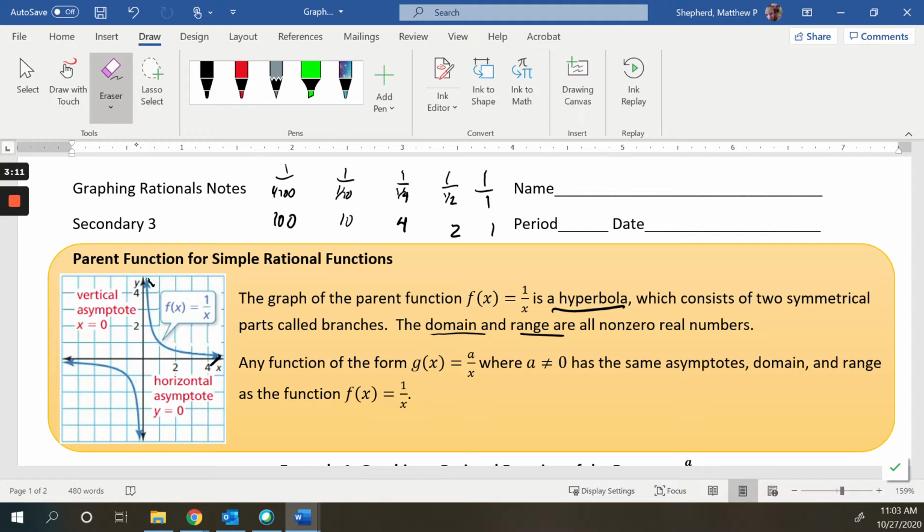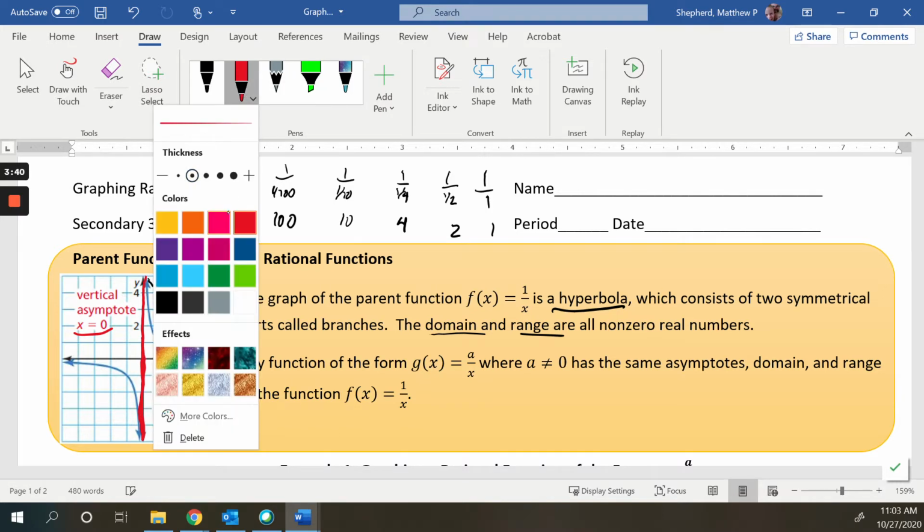So that's why we see that the hyperbola has these asymptotes. An asymptote is a value that it gets closer and closer to, but never actually reaches. The vertical asymptote of this base function is x equals 0. That is this vertical line right here.